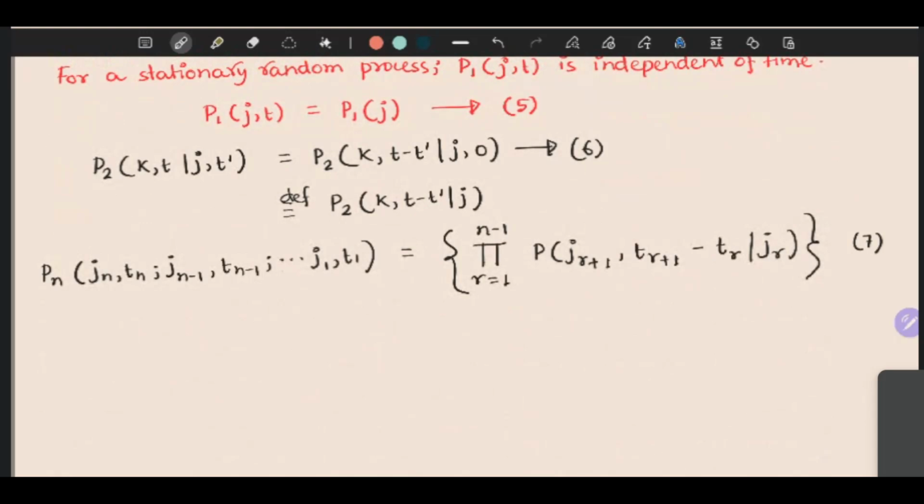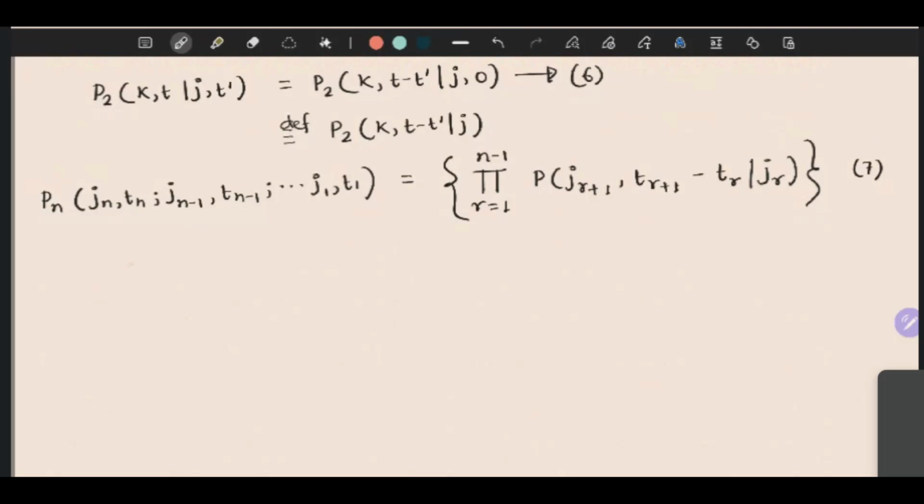This is for every n greater than or equal to 2. At least you have to have one pair.